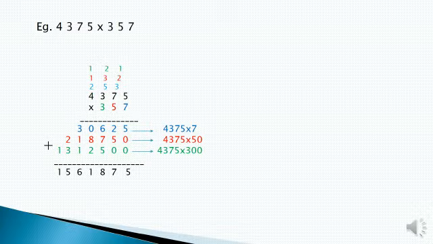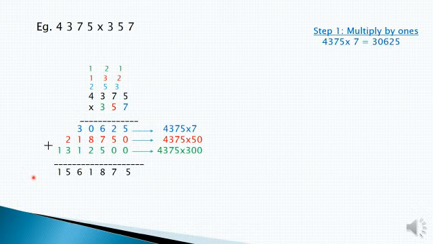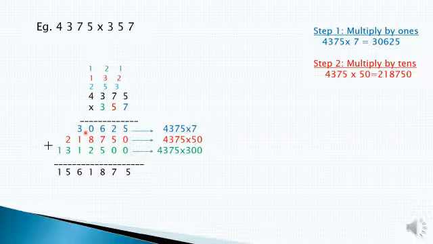First step is multiply by ones. That is 4375 by 7. You have already seen how to multiply 4375 by 7 and the answer is 30,625.